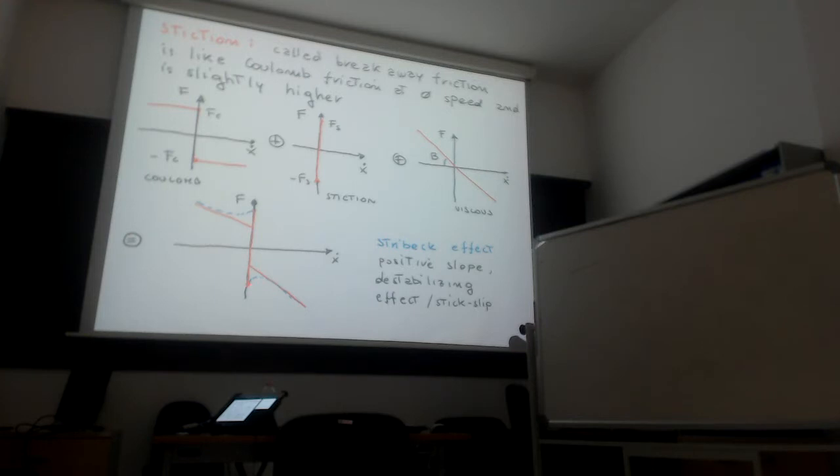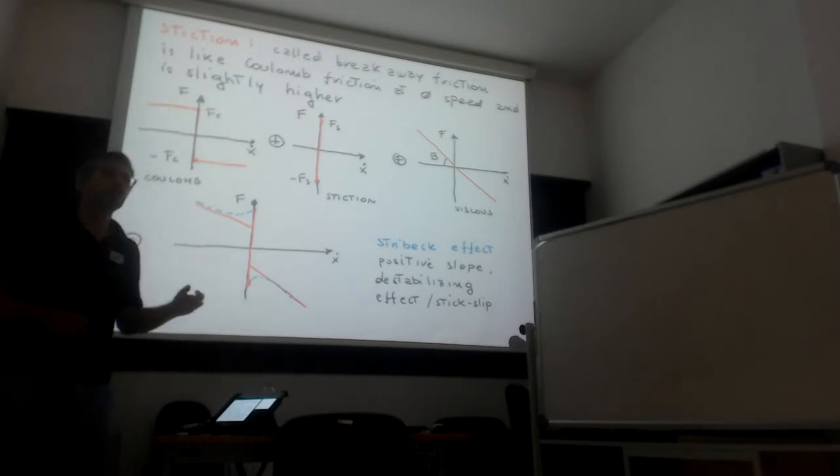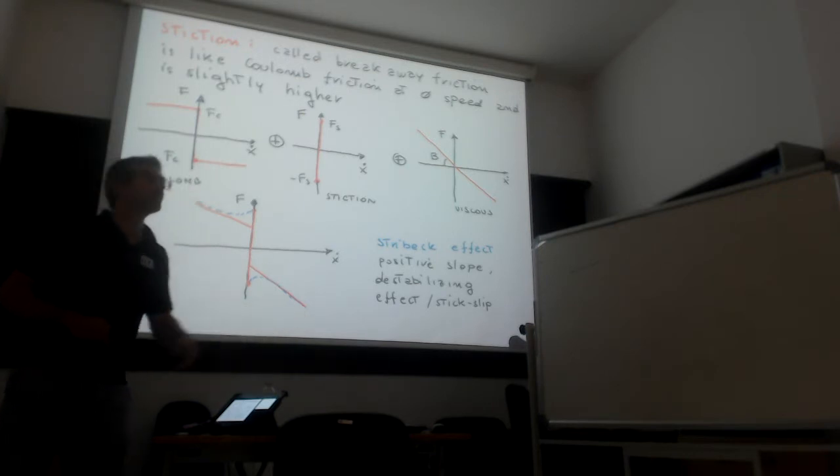It's the fact that the stiction is bigger than the Coulomb friction, and so we have an initial positive slope here rather than here, and this has a destabilizing effect. This is responsible for the famous stick-slip phenomenon, where the robot starts to move, stops, and starts to move again.